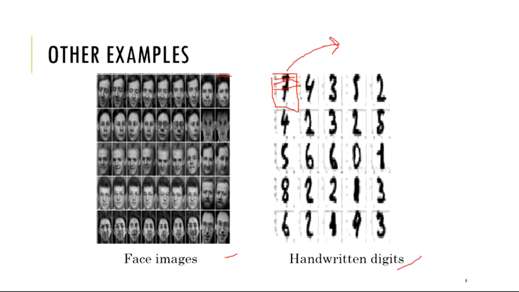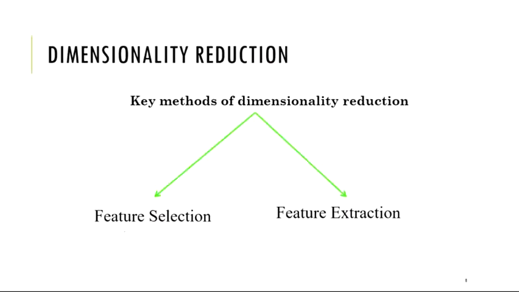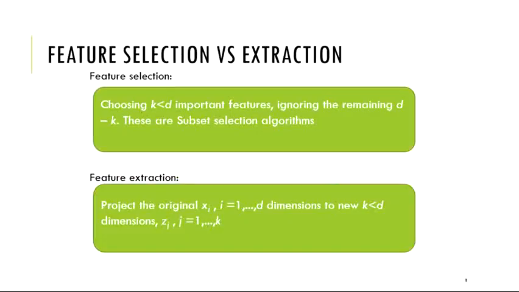This feature extraction would lead me to form a lower dimensional dataset from a higher dimensional dataset. So the original dimension of this handwritten digit is much bigger, and the one that we have formed later would be much smaller. There are two key methods of dimensionality reduction: feature selection and feature extraction.